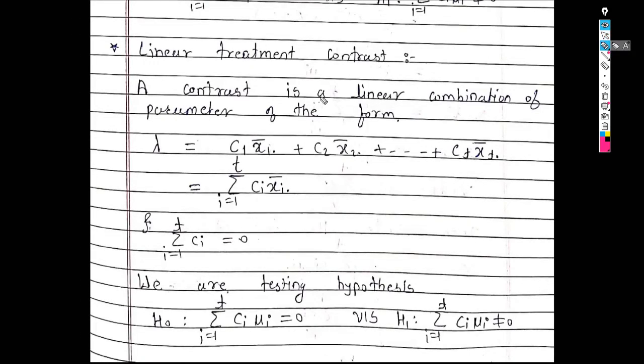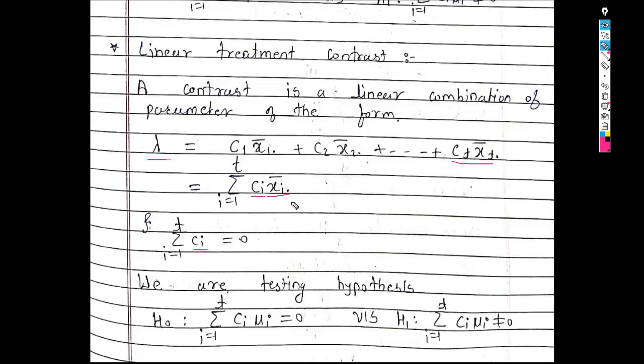Here we denote this linear combination by lambda, and it is C1 into x1 dot bar plus C2 into x2 dot bar plus up to Ct into xt dot bar. This can be written as summation over i from 1 to t of Ci into xi dot bar, and the summation of Ci is 0.